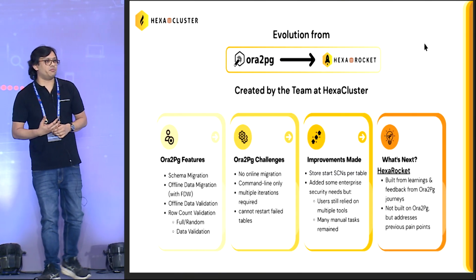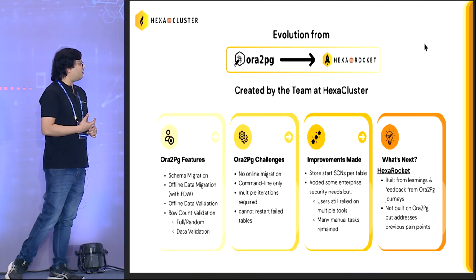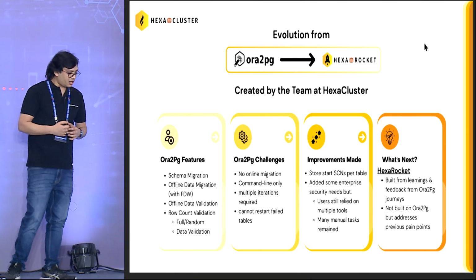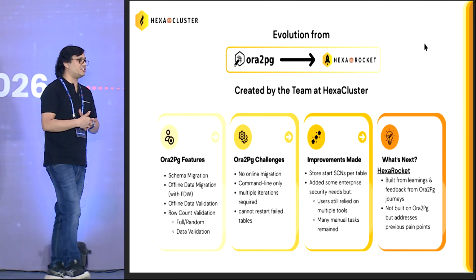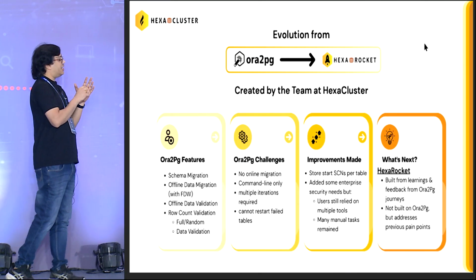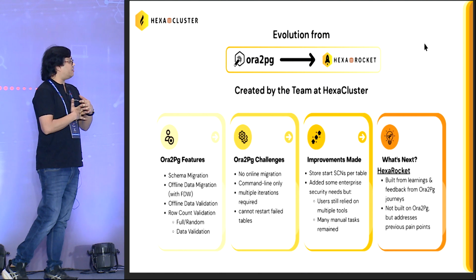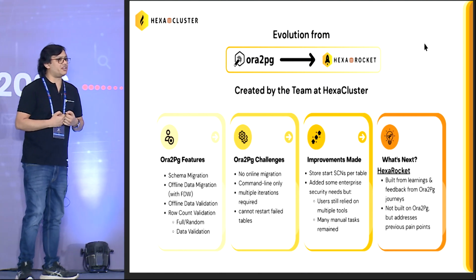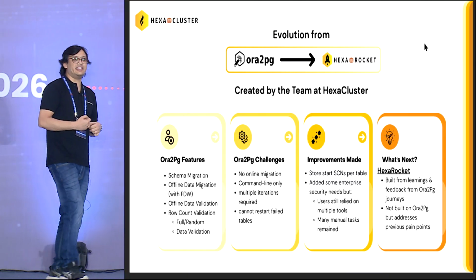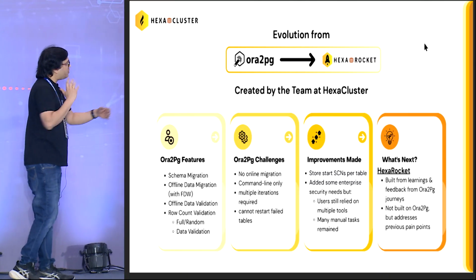We were dumping the SCNs of Oracle, basically the start SCN of the table from the point where the table migration started. But still, users have to rely on multiple tools for CDC and everything else. So that's why we created HexaRocket.